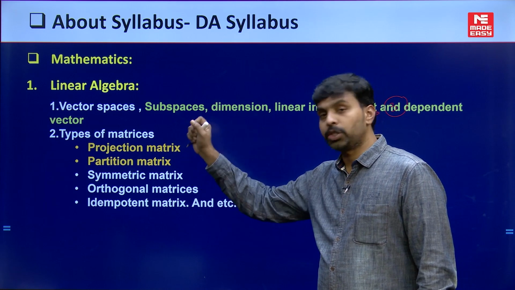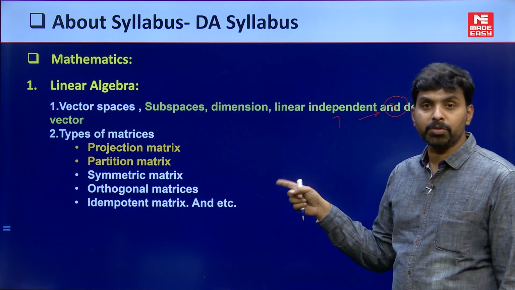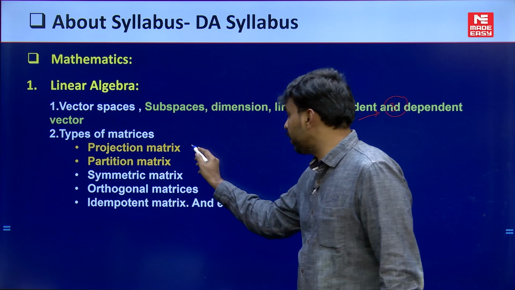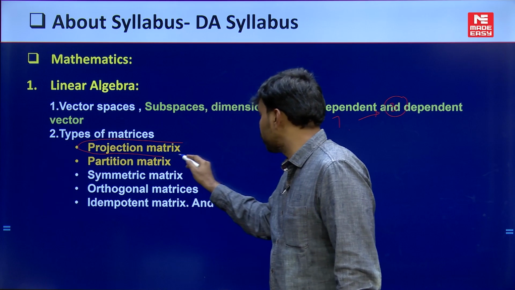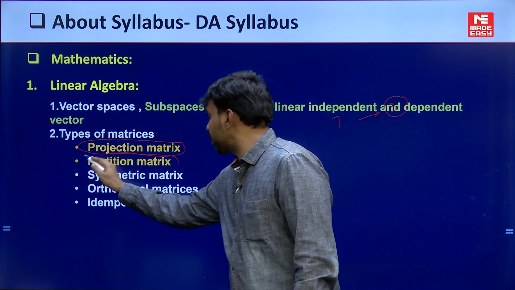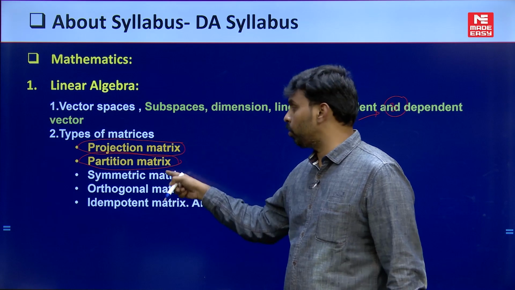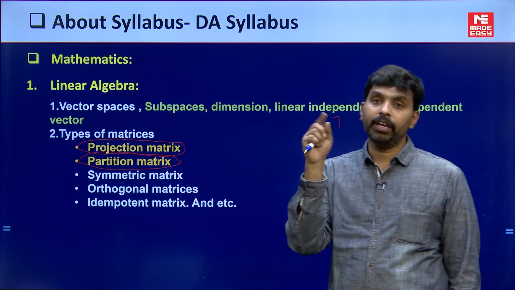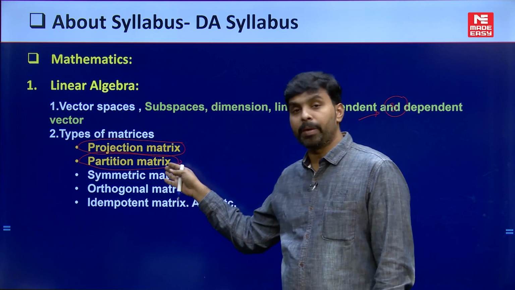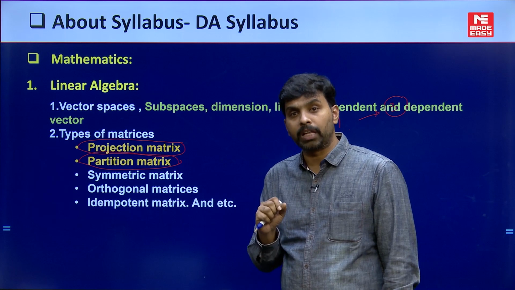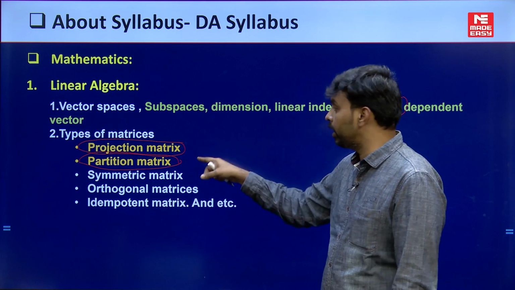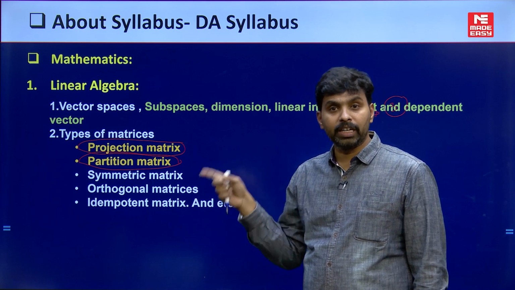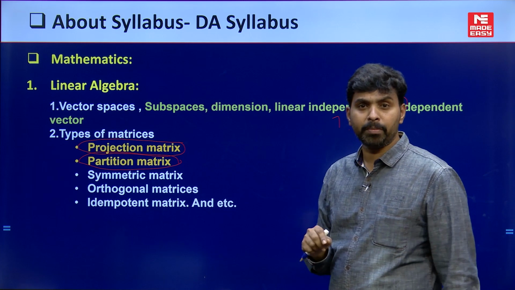Now the next one, types of matrices. In types of matrices, there are these 2 areas, projection matrix and partition matrix, which are there only in the DA paper but not in the other engineering mathematics papers.